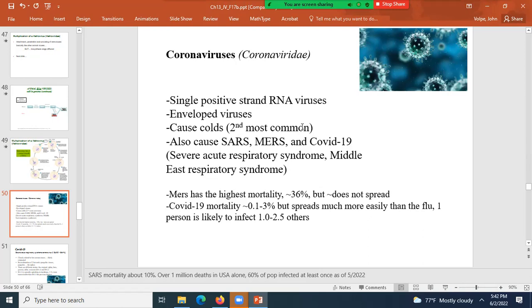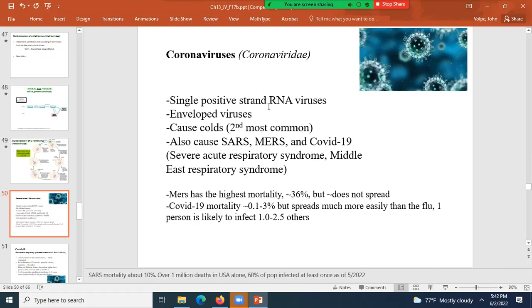So there are species of them that cause the human cold, and they're the second most common cause of the human cold. The most common cause of the human cold are rhinoviruses in the family Picornaviridae. Okay, so it's the most common cause of the human cold. But coronaviruses are the second most common cause, meaning the second family.